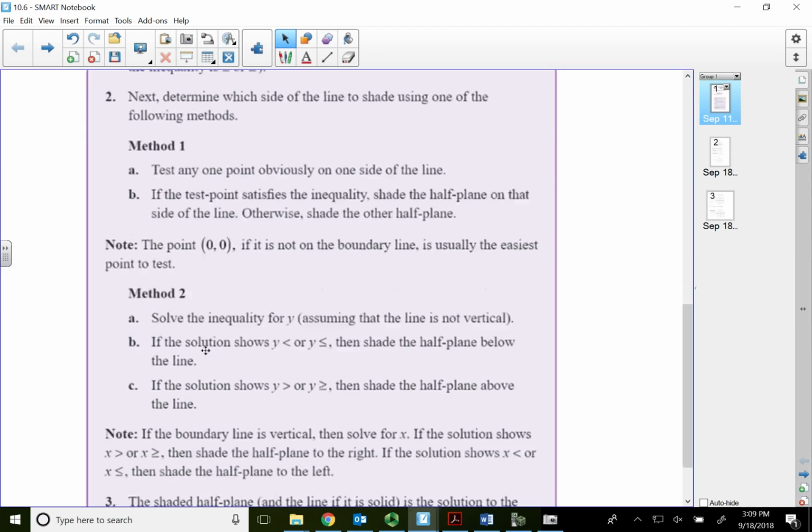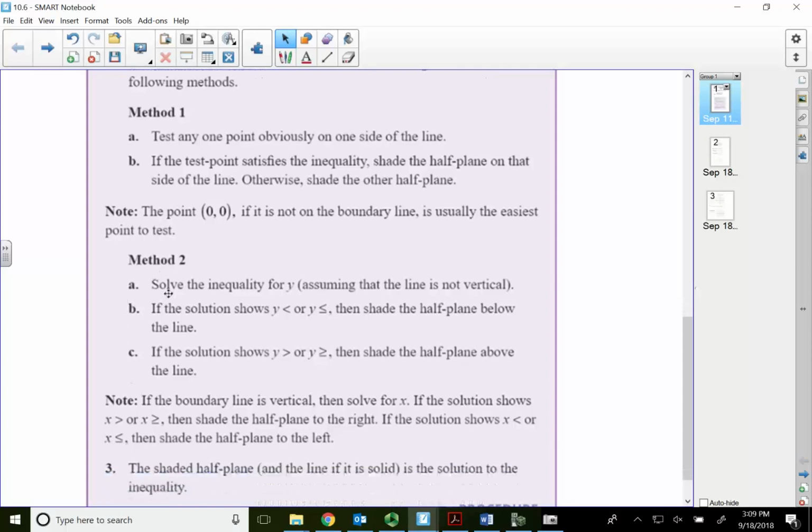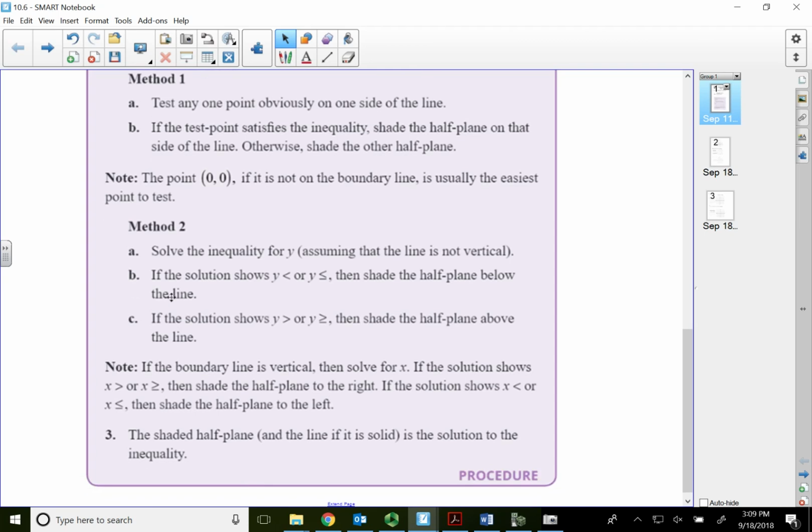We have two different methods. I actually use method number 2, which is solving the inequality for y, basically writing it in slope-intercept form, so we can quickly draw the boundary line. If the solution shows y is less than or y is less than or equal to, then shade the half plane below the line.